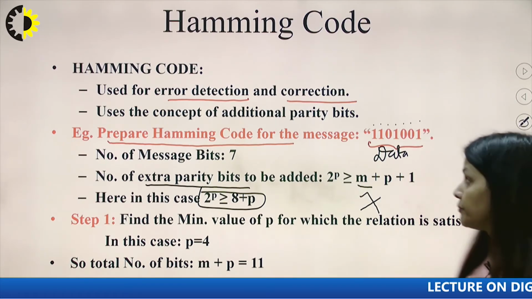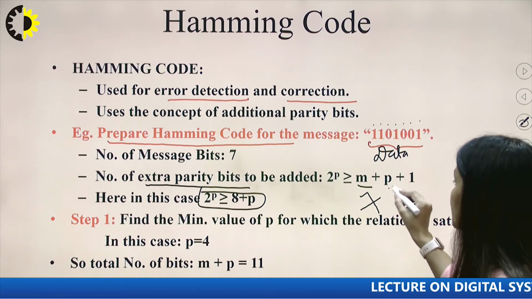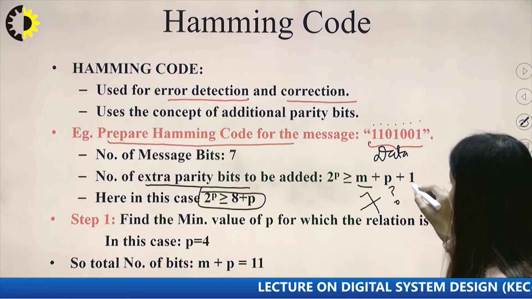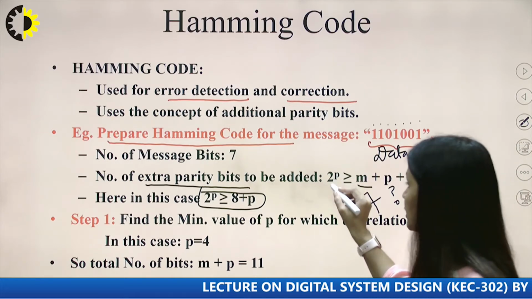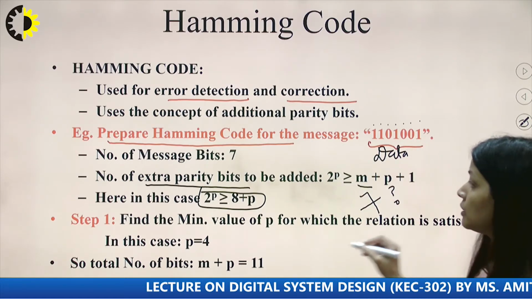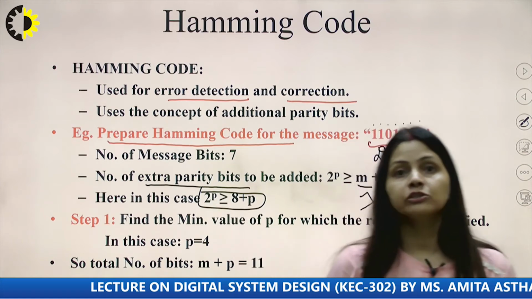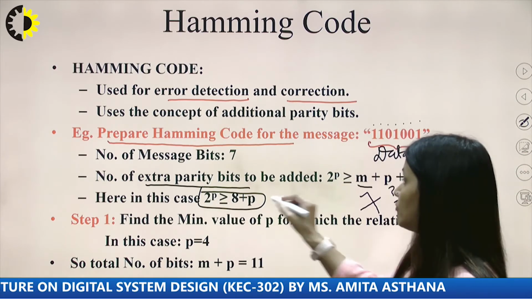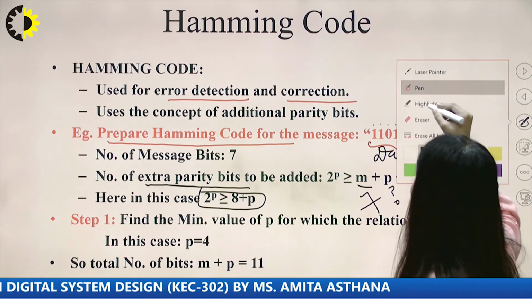As m. Now p I don't know, p is to be found, and 1 is 1. Now here we will apply the formula and we get this equation, 2 raised to the power p is greater than or equal to 8 plus p. Now let us solve this equation.